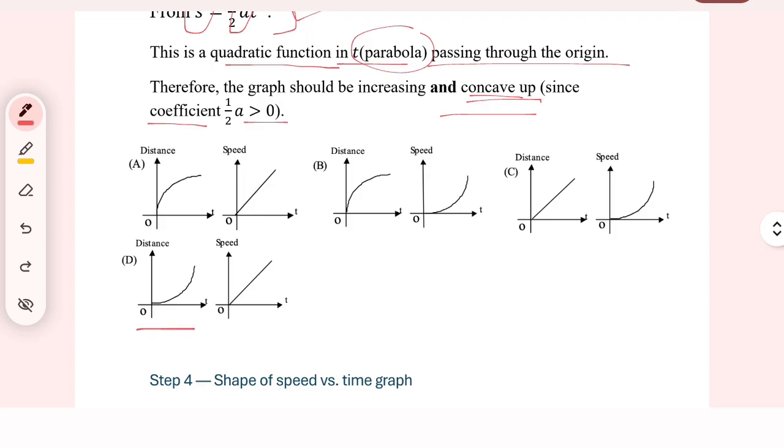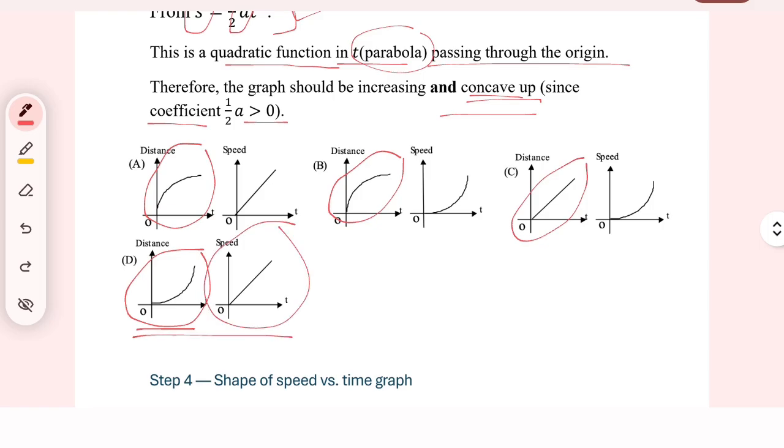The distance must be concave up. If you look at the distance here, this is concave down. This distance is also concave down. This one is linear. This is the one that fits our description: the distance must be a parabola and it must be concave up. So it seems like the answer is option D. But we need to check this first. Do you think the speed is correct?